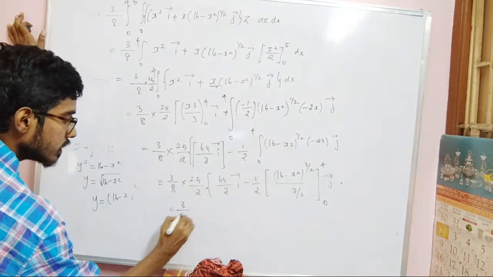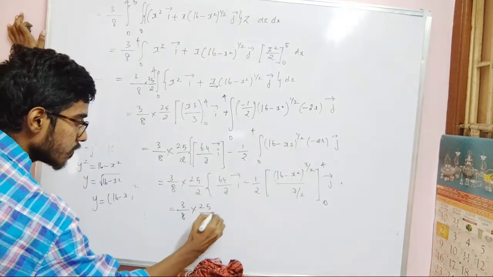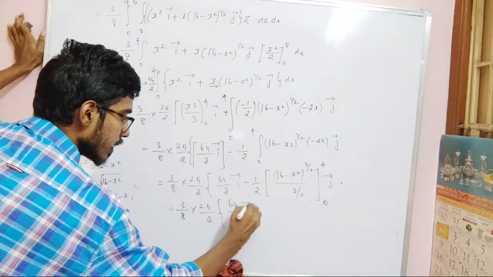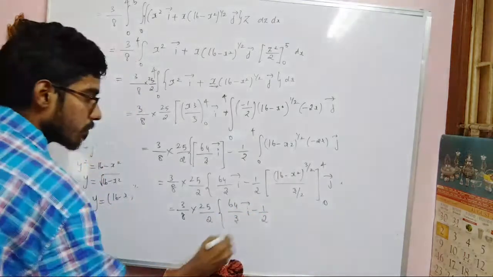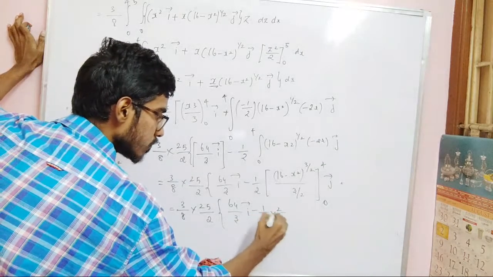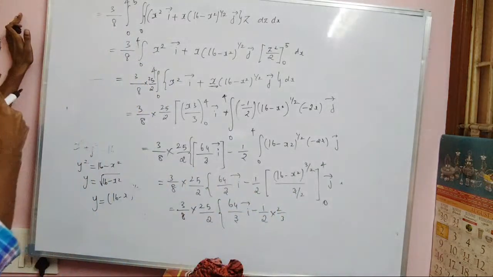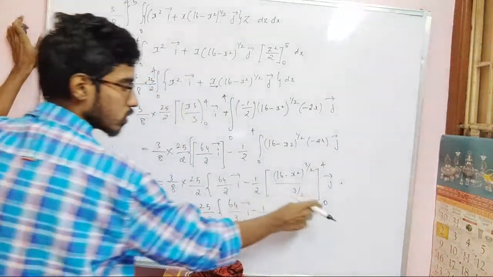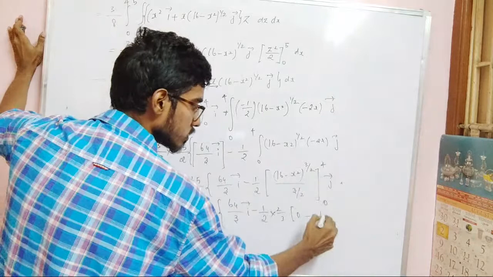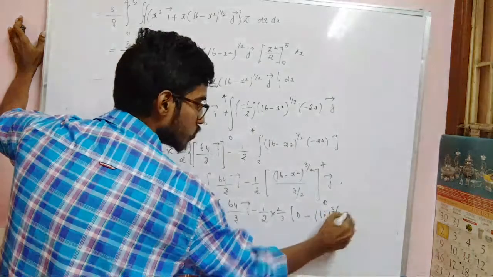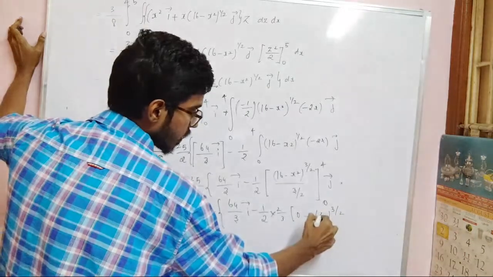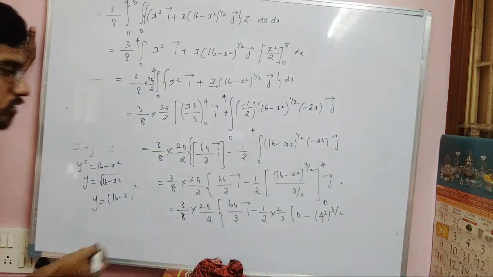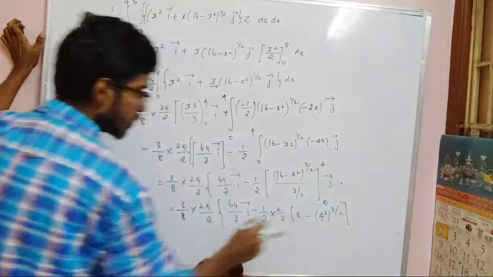So we have 3 by 8 into 25 by 2, 64 by 3 i vector, minus 1 by 2 into 2 by 3. I have taken this 3 by 2 as 2 by 3. Now the upper limit gives 0 minus the lower limit. The lower limit is 16 minus 0, so 16 whole power 3 by 2. I can write 16 as 4 square, so 2 will get cancelled, and we have 4 cube, which is 64. So this term is minus 64.